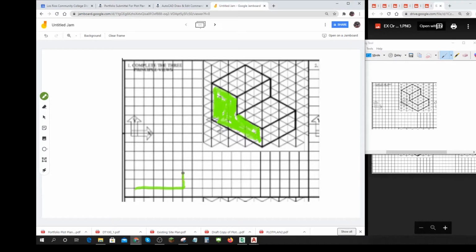And then it goes up 2 and over 3 and up 2 and, oops, I'm short 1 there. Over 3 and down. And so if I were to color that in, if I could see that green thing flat, it would look like that. And that's what orthographics means.